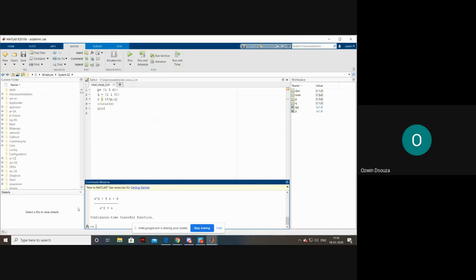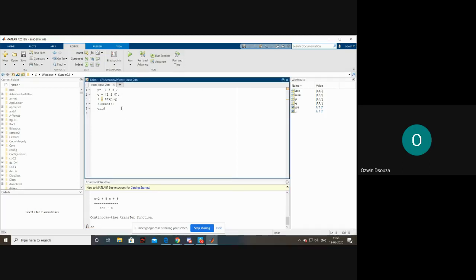Next, let us go to a slightly complex one. That is problem number 2. This also we have done in the class. We shall take g of s into h of s is equal to, what did we take?